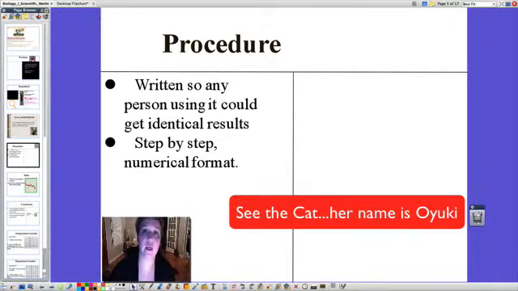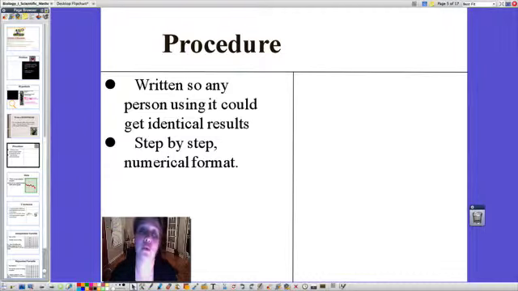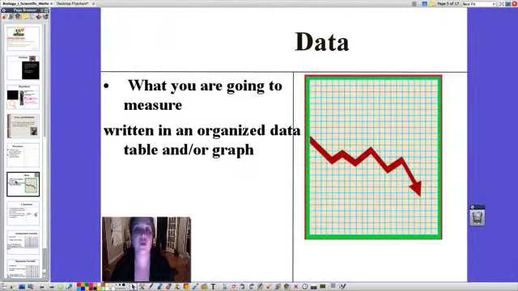You see how I'm taking you step by step, just like a recipe. You're doing the same thing. If I send this to a kid in Japan, they should be able to do your experiment based on your steps. A lot of students get lazy with that and decide, I just don't want to write it. Sorry, not science. You've got to take it step by step. Got to take that time.